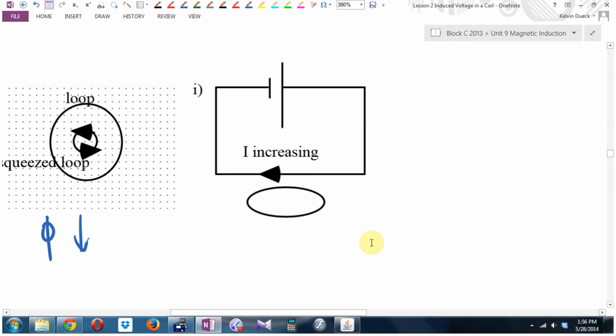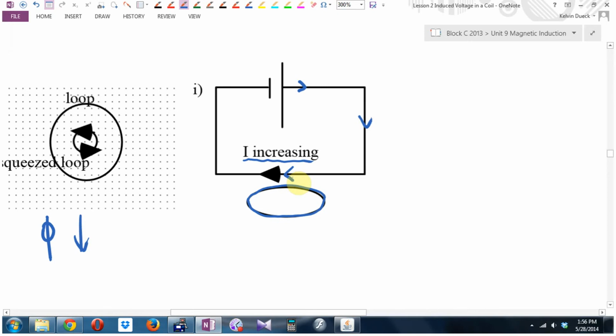What if I have a coil of wires here, not touching anything else, but I have an increasing current? Let's draw in the current. It's going to the left. This is a good review of the right-hand rule for a current-carrying wire.